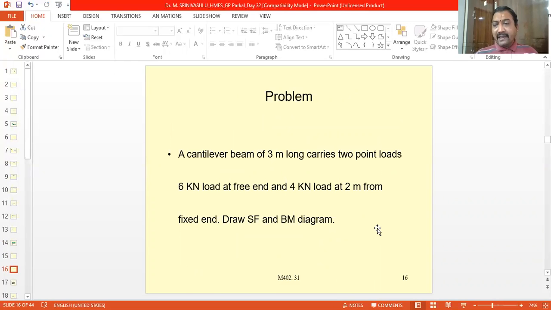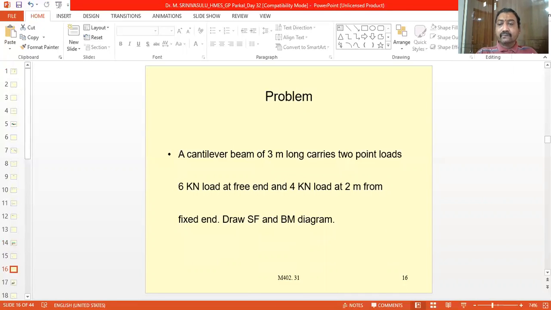Now we'll take up a problem on the cantilever with point loads, so that we can understand the basics in the shear force and bending moment diagrams.